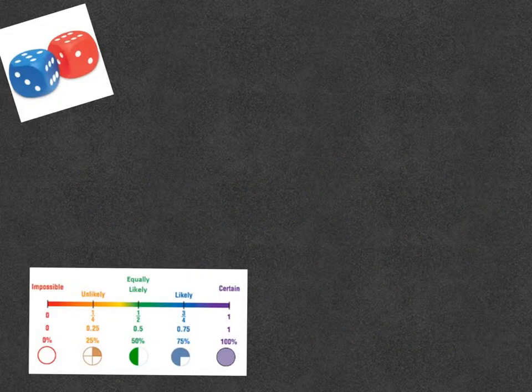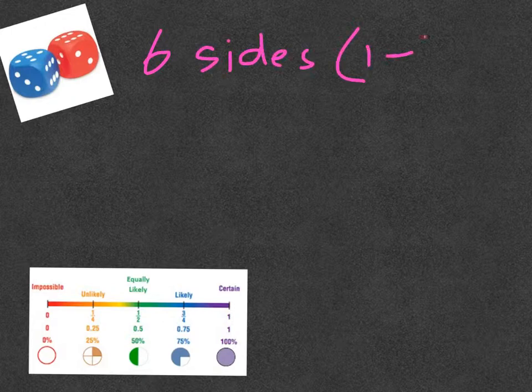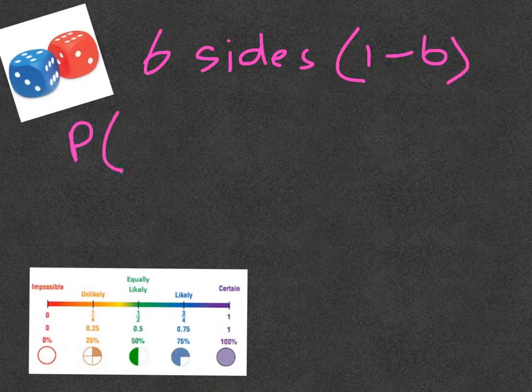Okay, so let's do another example. Let's say we have one die, and we know that there's 6 sides, which equate to the numbers 1 to 6. Now let's say we want the probability of obtaining a 3.